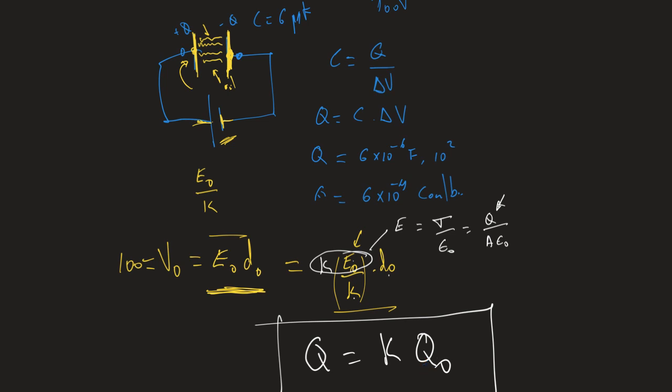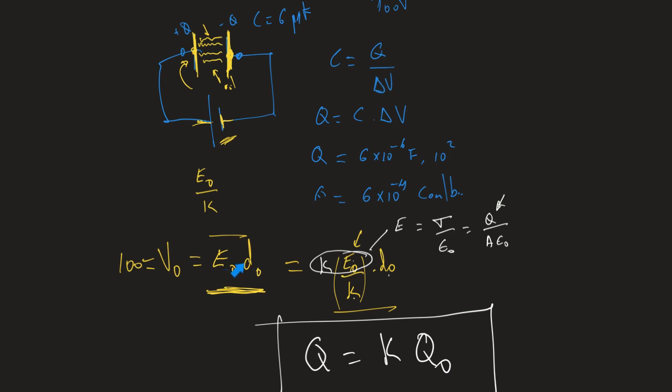You can see, for example, that 100 volts is the initial difference of voltage V0, which is maintained constant. So there will exist an E0 that will be V0 divided by D0.